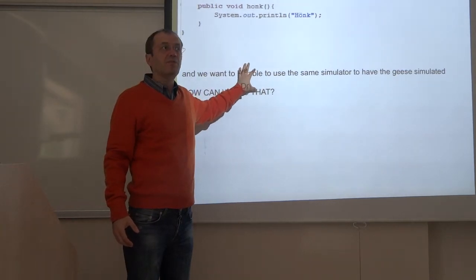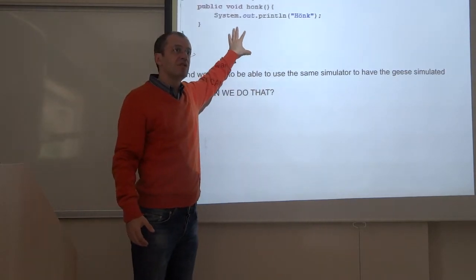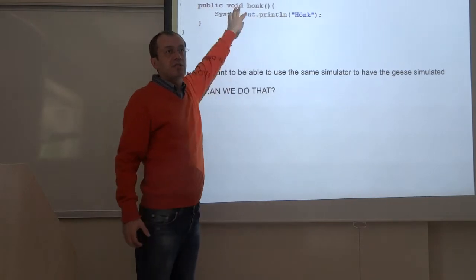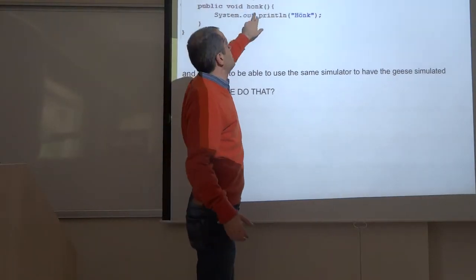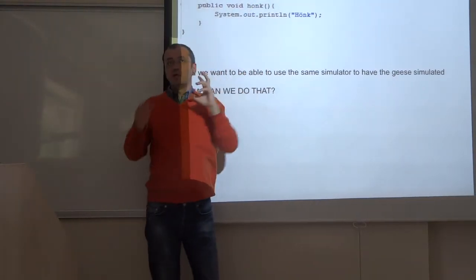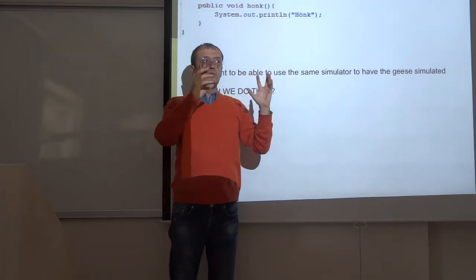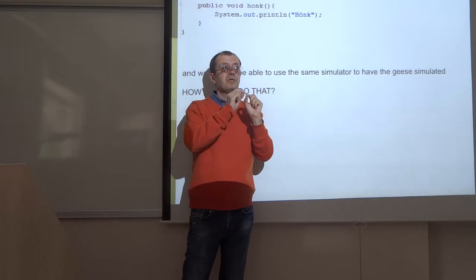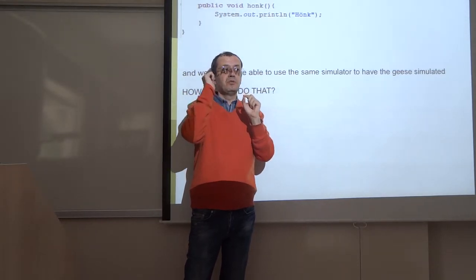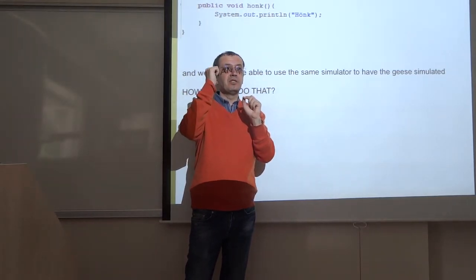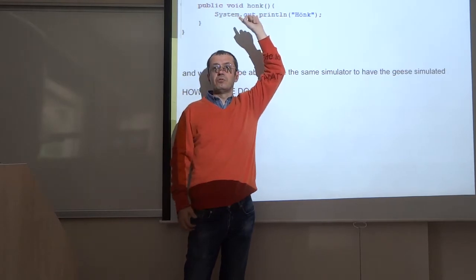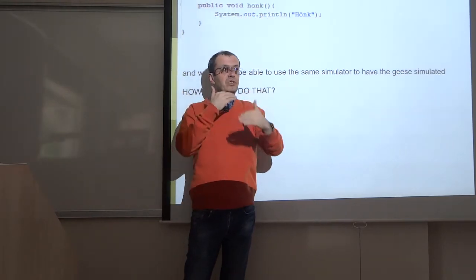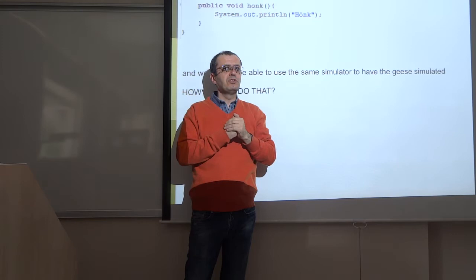A new design pattern, because this is using a different method name, but we want to be able to use it under the same simulator with the same name, the other method name, quack, but this one is honk. So what do you think we need?